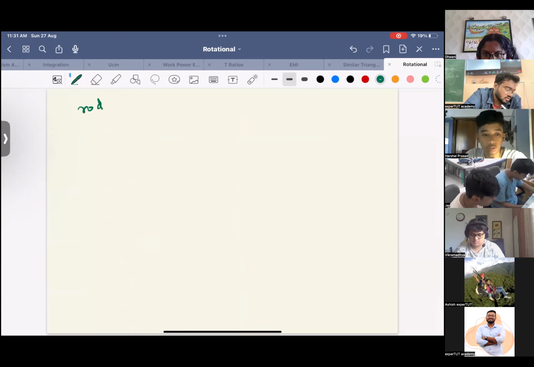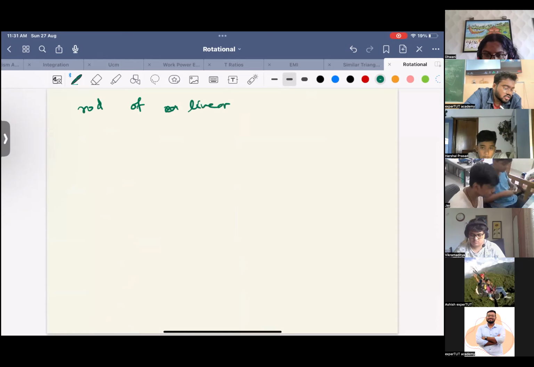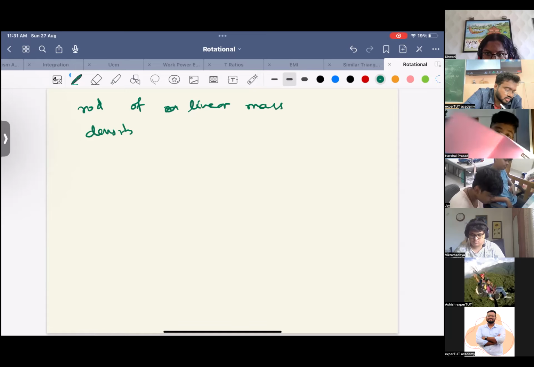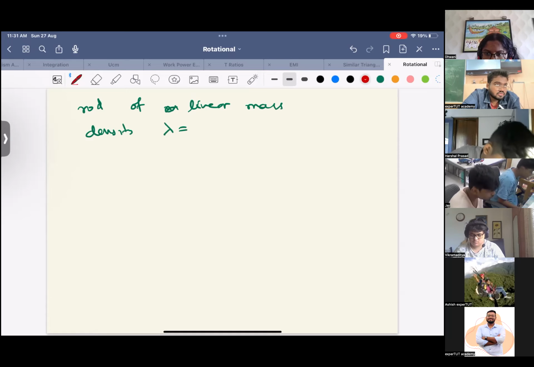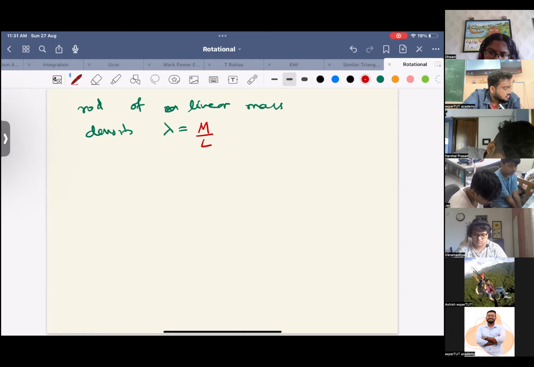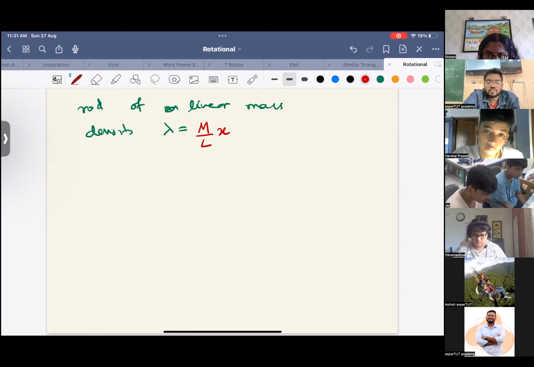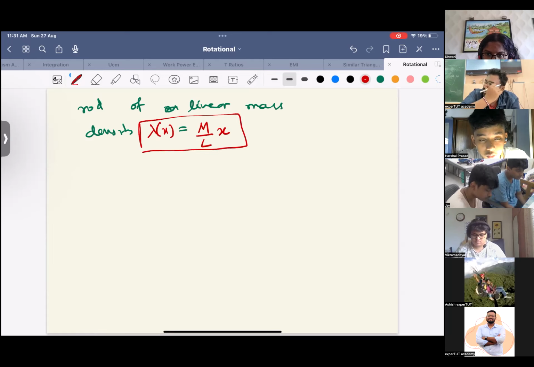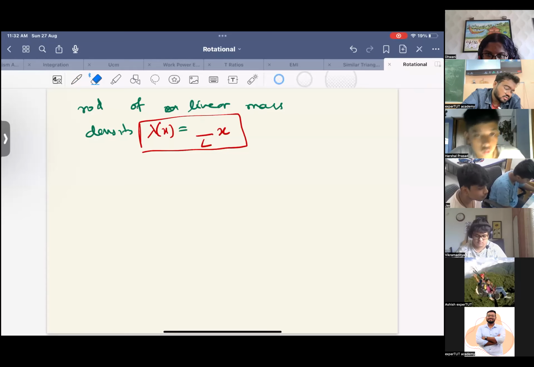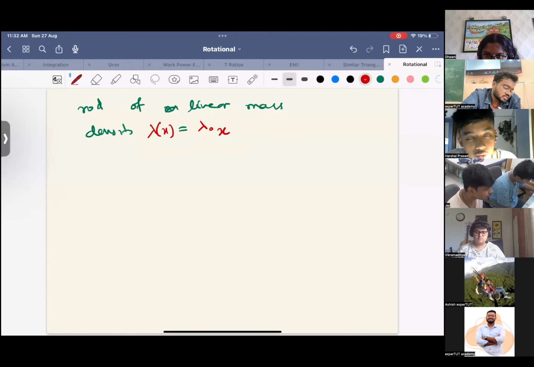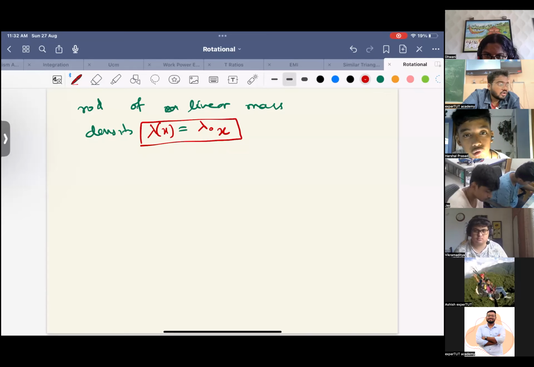Let's say there is a rod of linear mass density lambda, equal to lambda naught x, where lambda naught is equal to capital M by L. So lambda is a function of x.